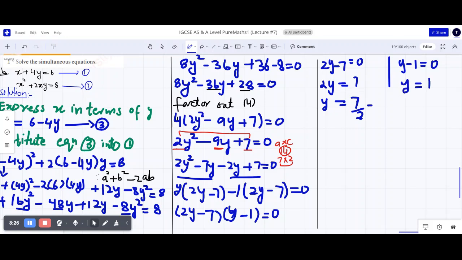So the first answer is 3.5. We got two answers for y: y equals 3.5 and 1.